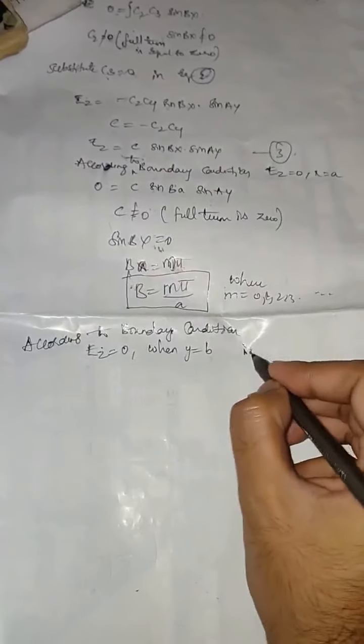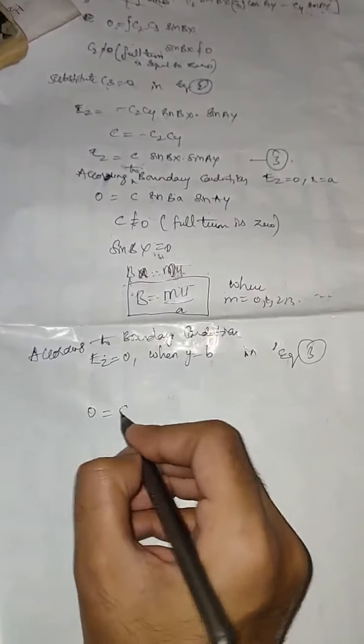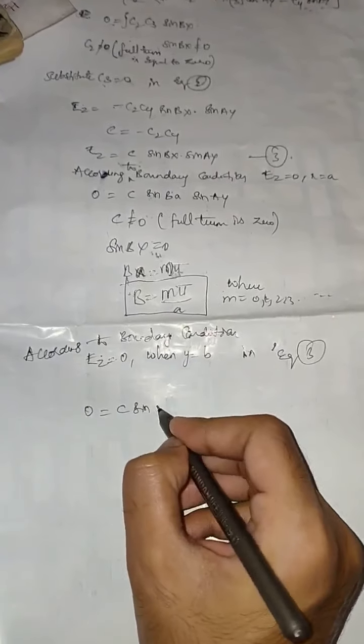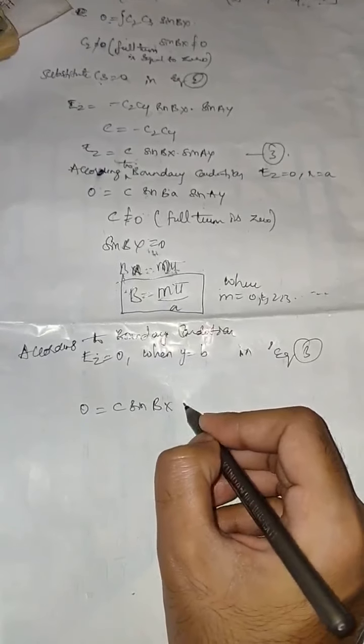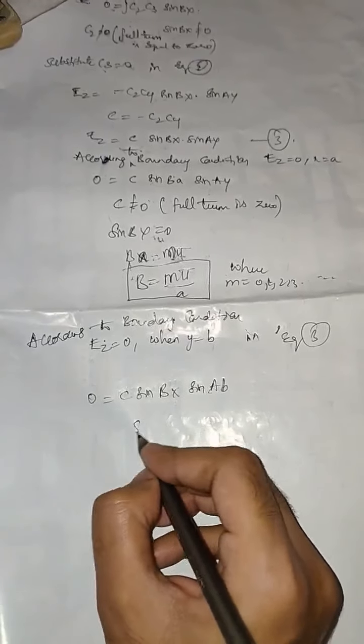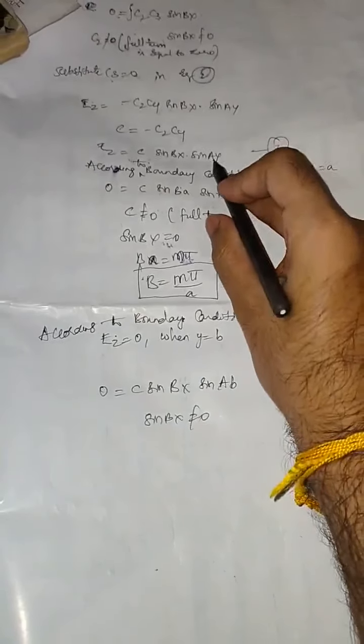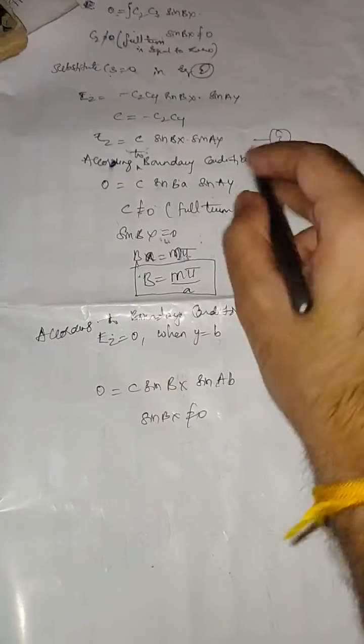Substitute in equation 3. So Ez equals c sin beta x sin of a y, where y equals b. Here x is a variable, so sin bx cannot be 0 here. Similarly, sin ay is not equal to 0, because that is a variable.